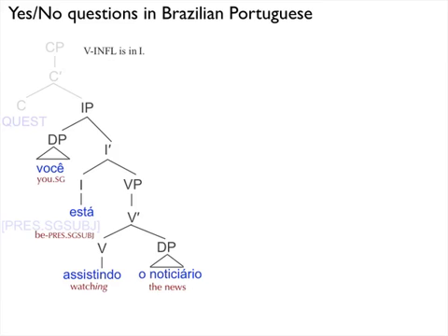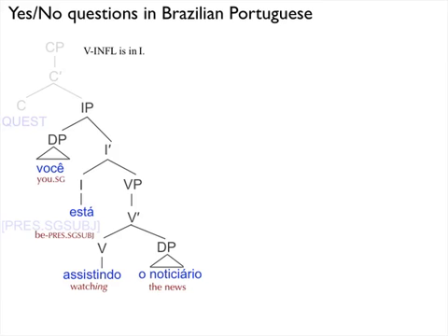So we've got the inflected verb form, and this is going to be a regularity across languages, in Brazilian Portuguese as well as English. The inflected V, the one that's showing tense, there's only going to be one in any given clause. There's going to be one verb showing tense and possibly subject agreement, and that verb is going to be in I, no matter what you do.